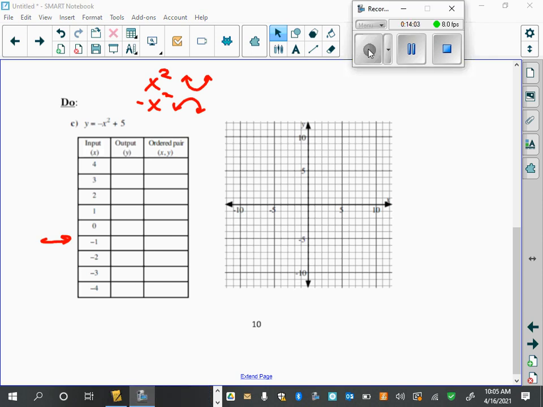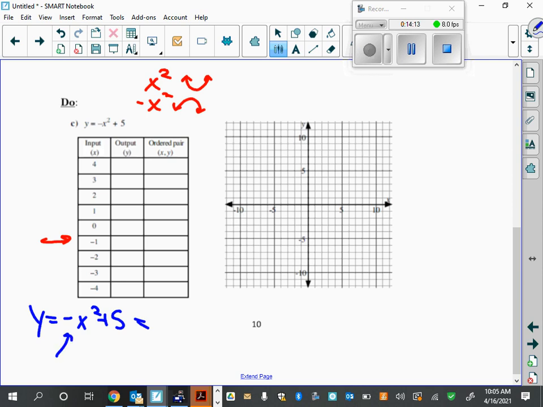Okay, we're going to do the -1. Just make sure you don't do all the other ones wrong. So y equals -x squared plus 5. As stated, if you have a negative sign out in front, you leave it out in front. X is also negative, so this x squared becomes -1 squared plus 5.